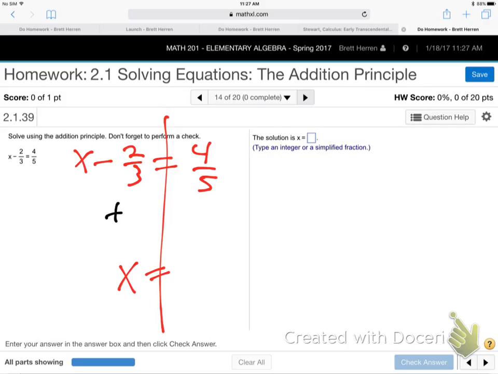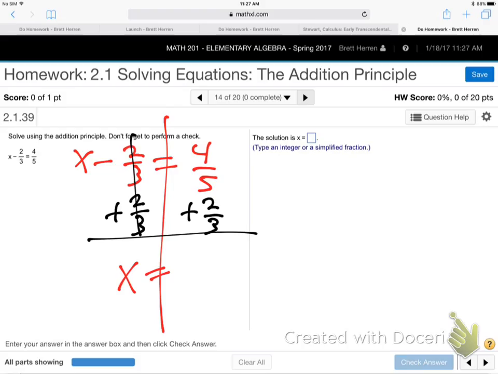So I'm going to add 2/3 to both sides, because that's the opposite of what's next to x. Good so far? The left side is all good, it's just x. But the right side, we need to add those guys now. So how do we add those guys on the right side?